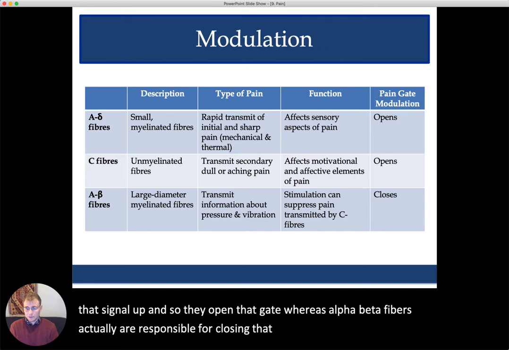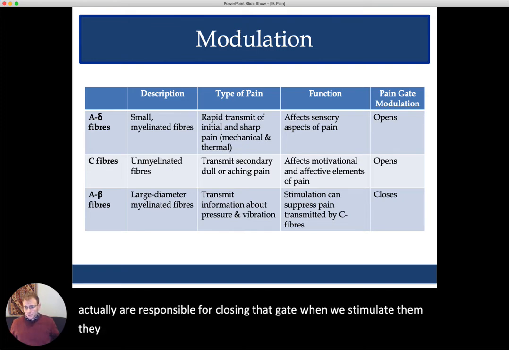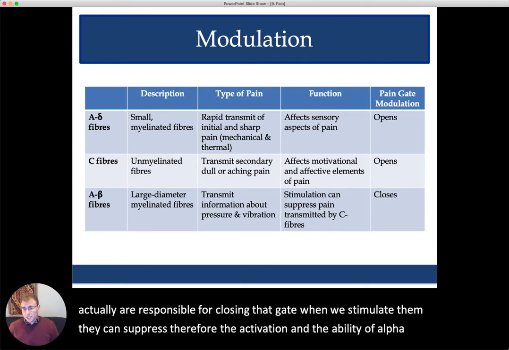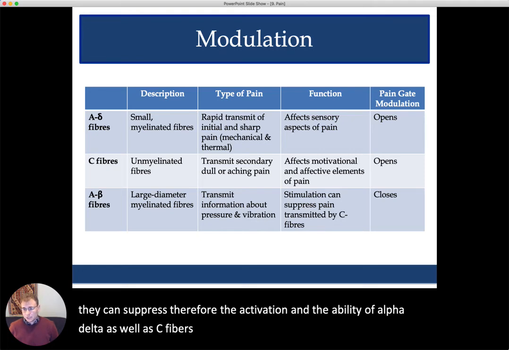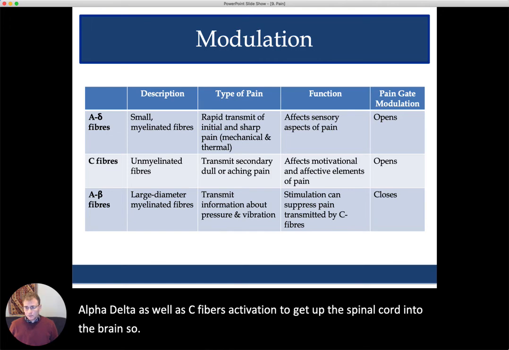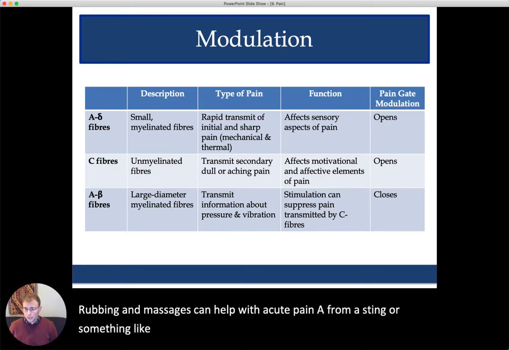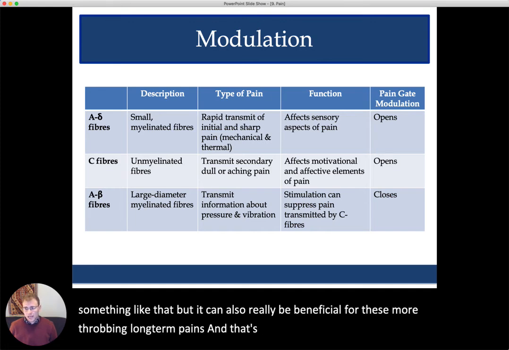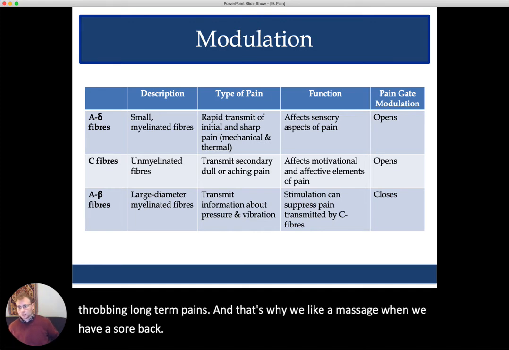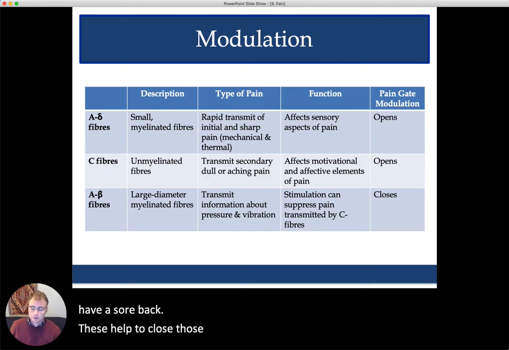When we stimulate them, they can suppress the activation of alpha delta as well as C fibers and their ability to get up the spinal cord into the brain. So rubbing and massages can help with acute pain, like from a sting, but can also be really beneficial for more throbbing long-term pains, and that's why we like a massage when we have a sore back. These help to close those pathways, at least temporarily.